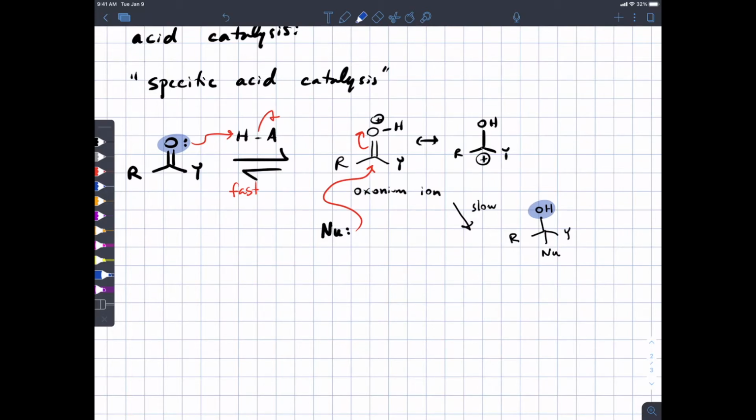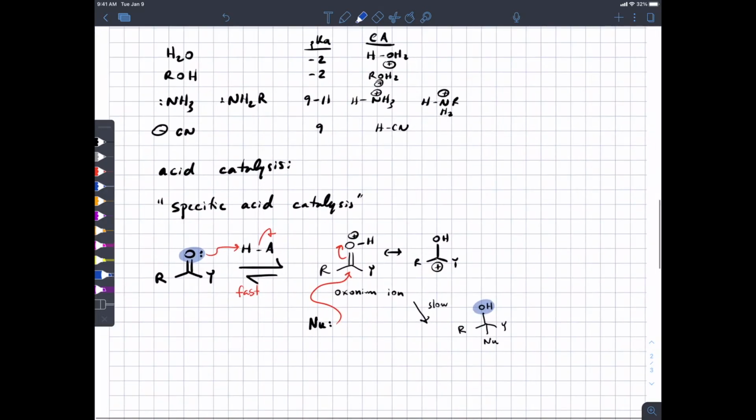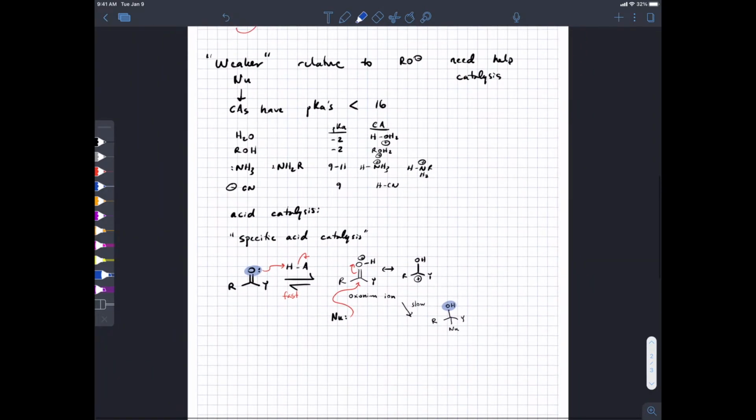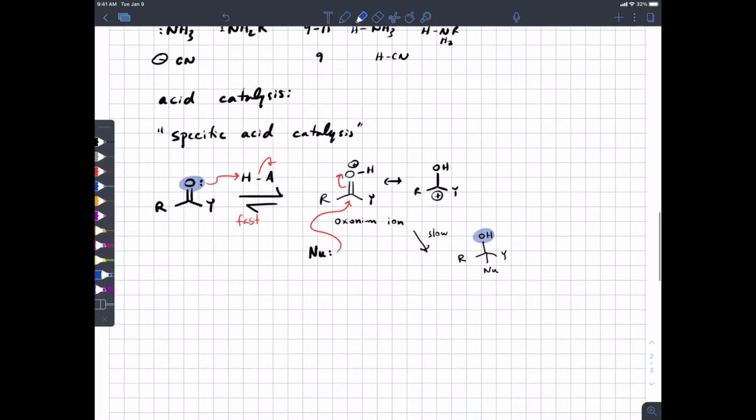So this is how we get around the issue of using nucleophiles that are less reactive than a negatively charged oxygen. We make it so the tetrahedral intermediate doesn't have a negatively charged oxygen, and that makes the equilibrium more favorable. Okay, questions about that?